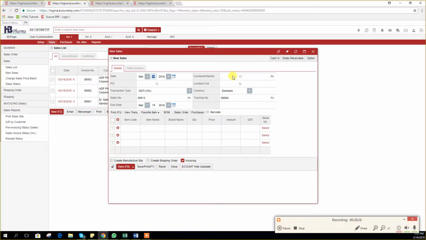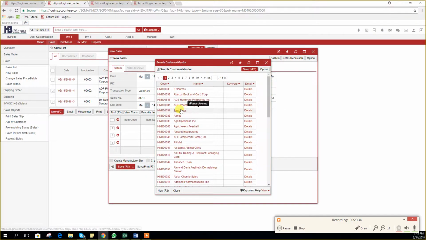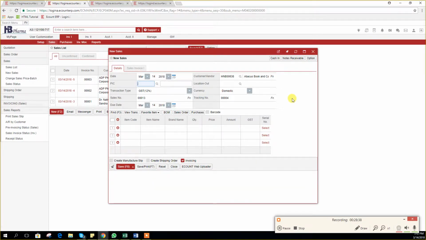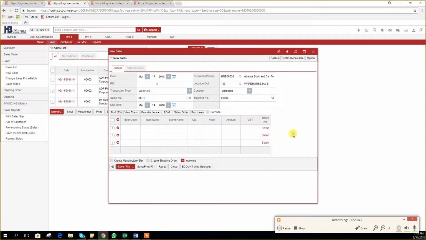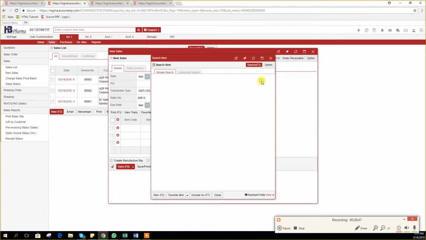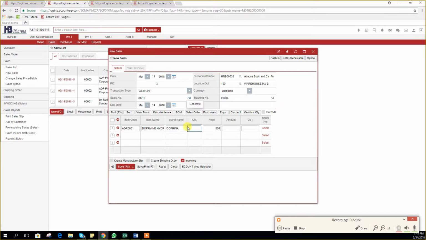So now we go to sales, of course, and select the customer. Okay, so location, warehouse and everything, and then you select how much.